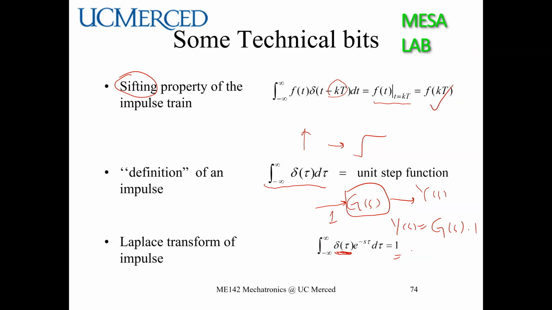Therefore, the inverse Laplace transform of G of s, called g of t, is called the impulse response. If you do the inverse Laplace transform of the transfer function itself, it's like you put the impulse in and you get a response.